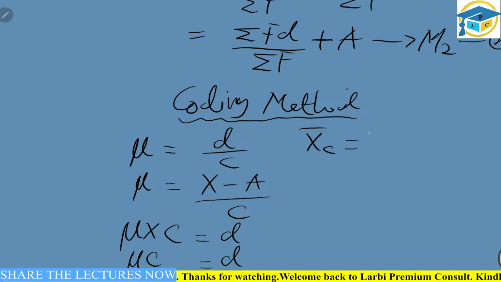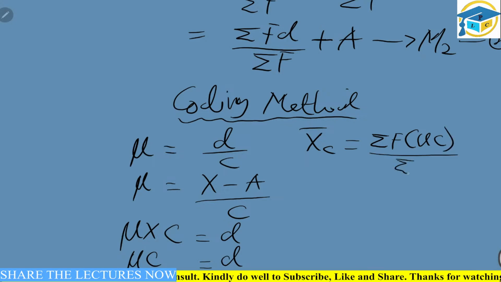So I'll have summation F, and in place of D, I'll substitute this variable, just one variable. So that becomes U and C, divided by my summation F, plus A.